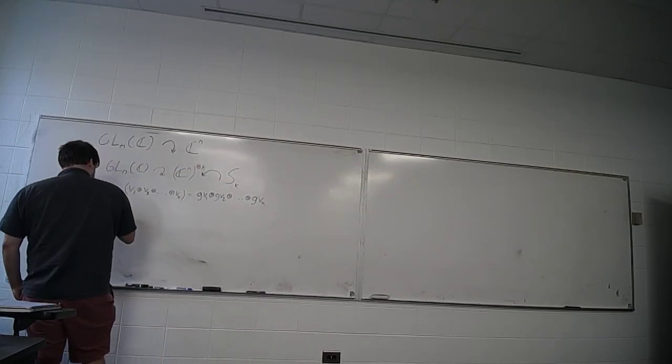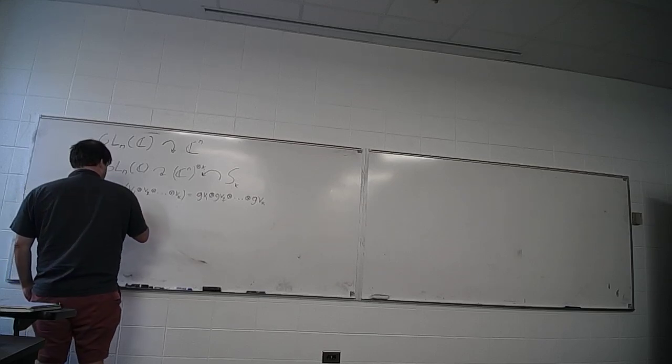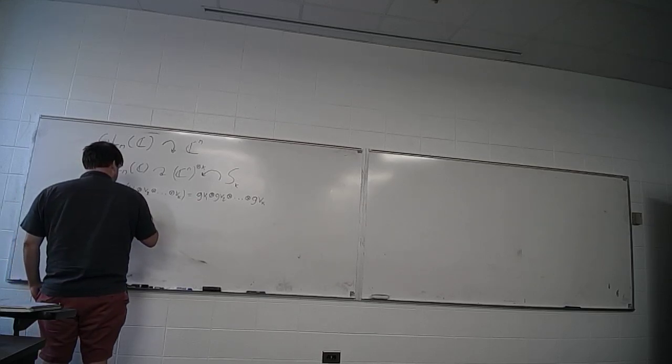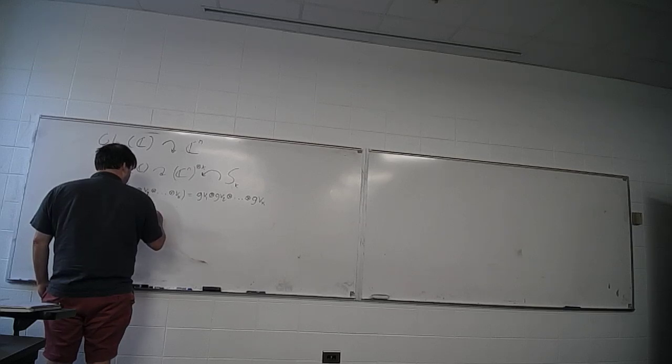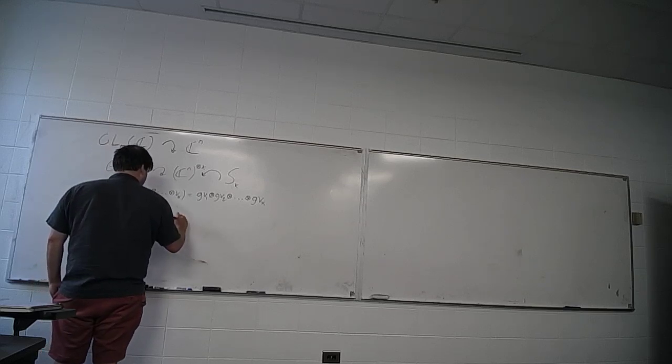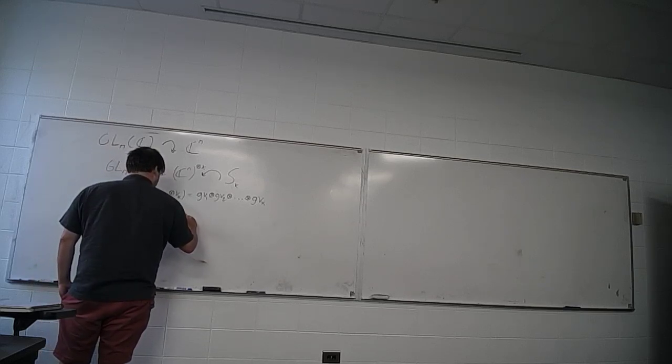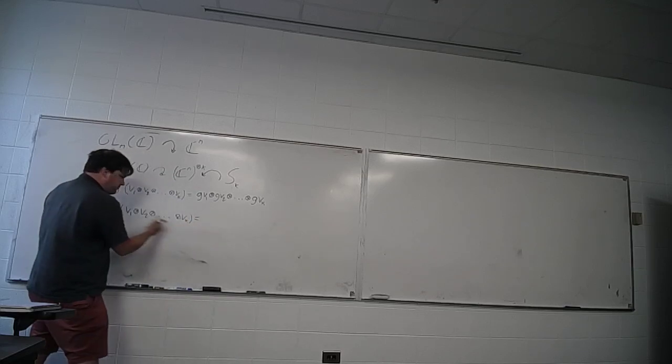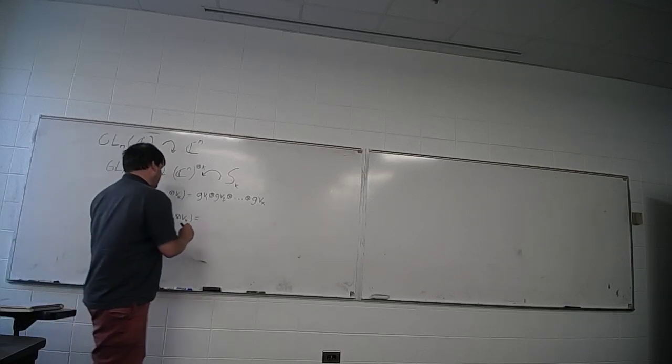So if I have some sigma in S_k, and I want to apply it to some tensor product of vectors, I'm just going to permute these vectors amongst themselves.